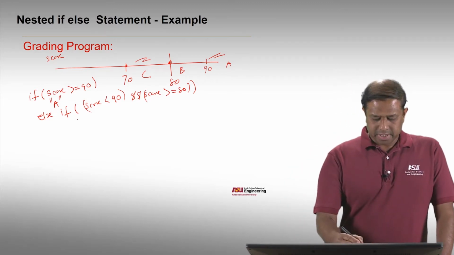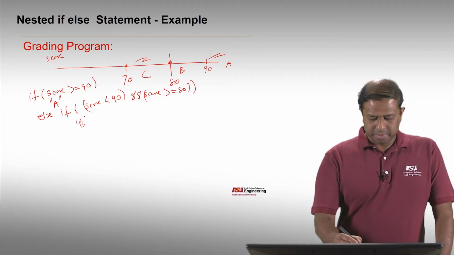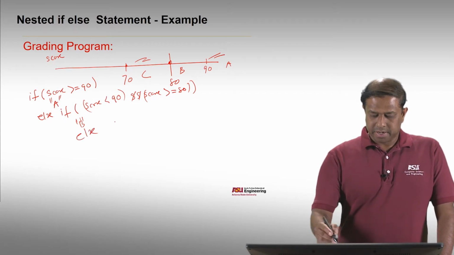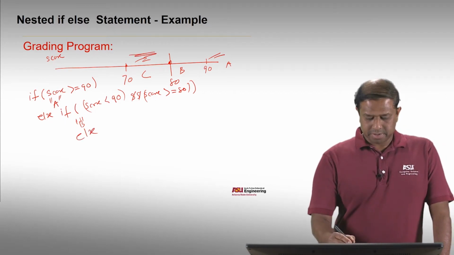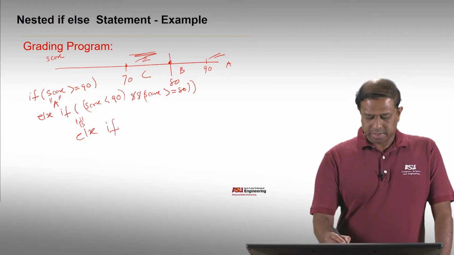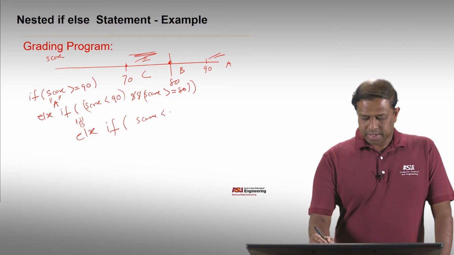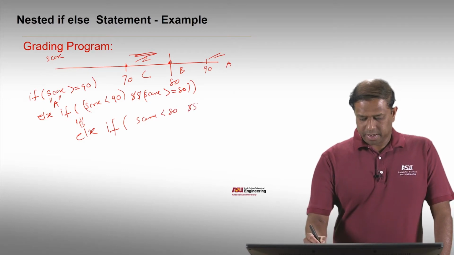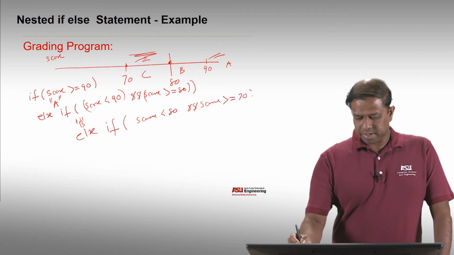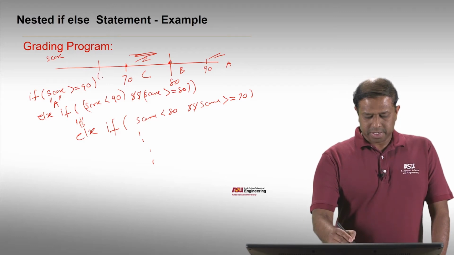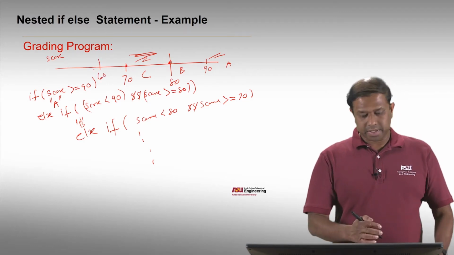If that is the case, we can give B for that student. If it is also not the case, then I need to check for this range. So it has to be score less than 80 and score greater than or equal to 70, and so on and so forth. For the rest of the ranges, 60 and all, we can write a similar statement.